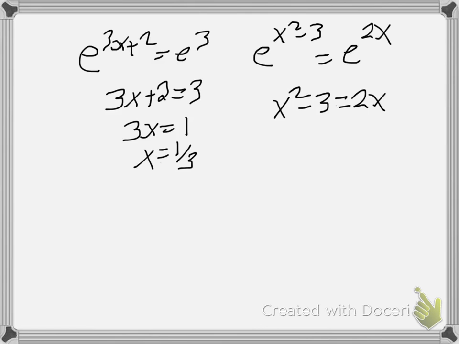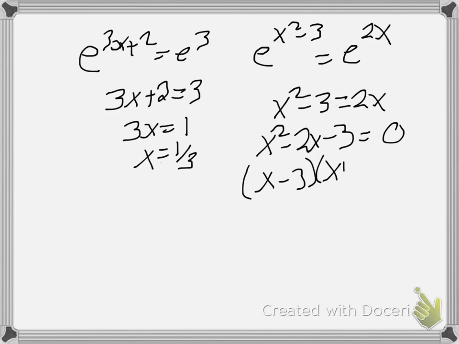No, it's not. You guys know what to do with this. x squared minus 2x minus 3 equals 0. Factor it. x minus 3, x plus 1 equals 0. x equals 3, and x equals negative 1. So I've got two choices.